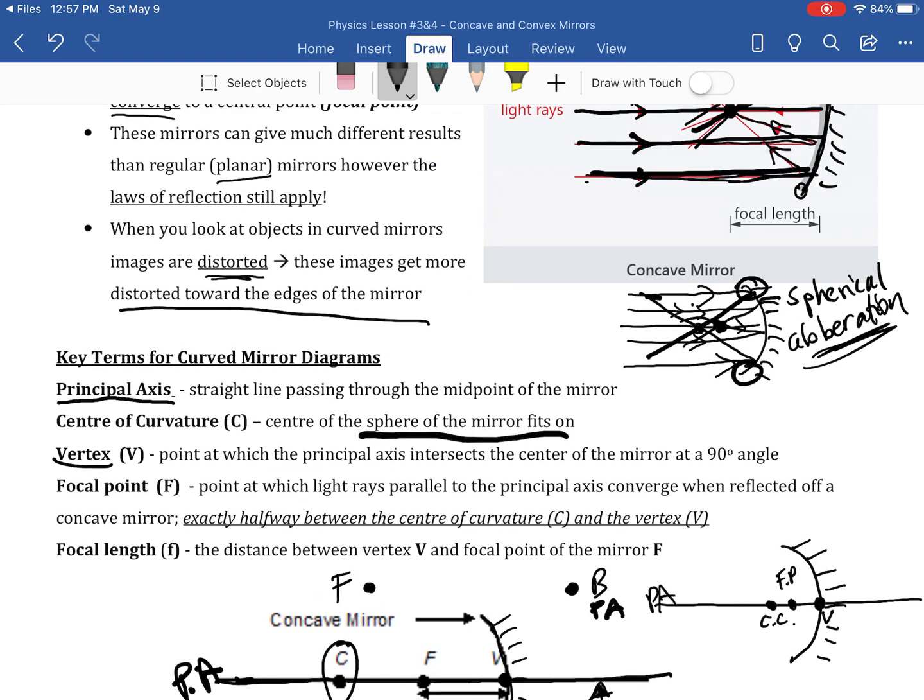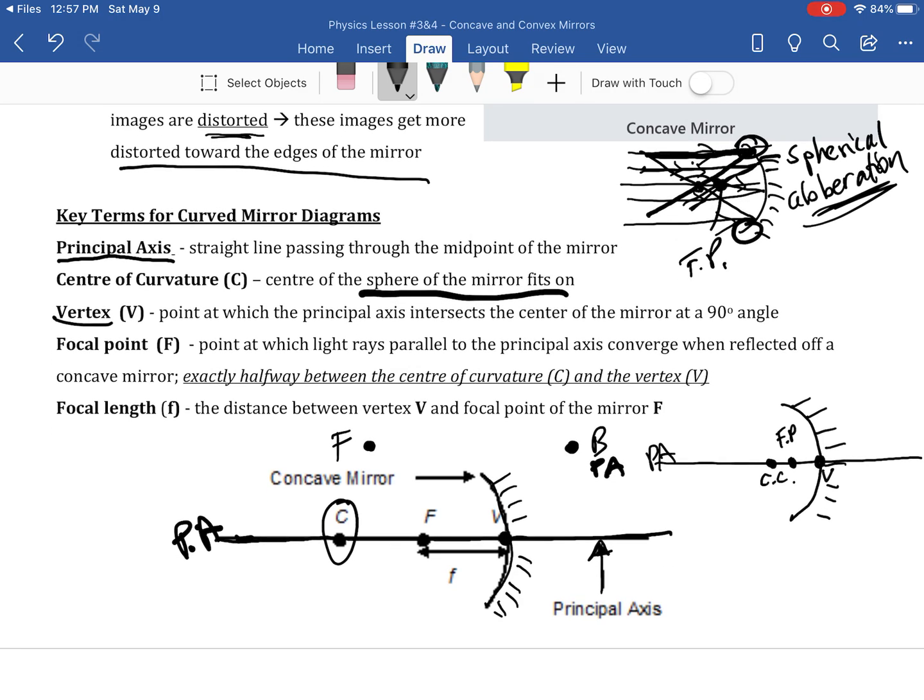And going back up here, remember how I said all the incident rays, except when they go towards the edges, converge onto a point, and that point was called the focal point, all right? That is halfway to the center of curvature.